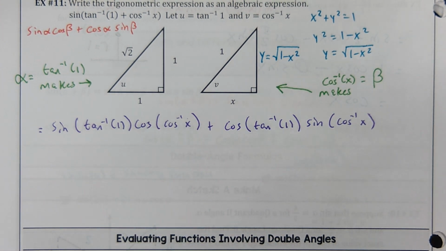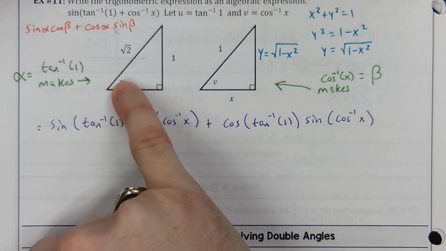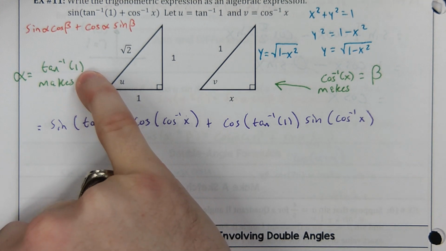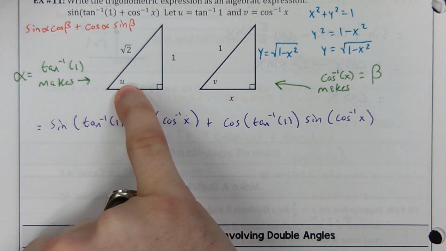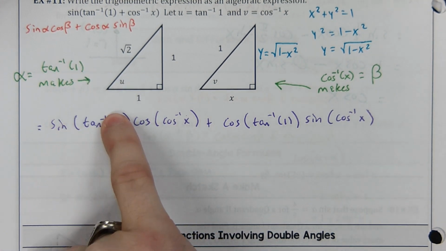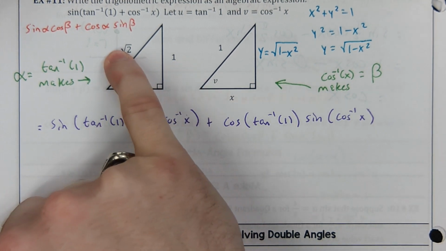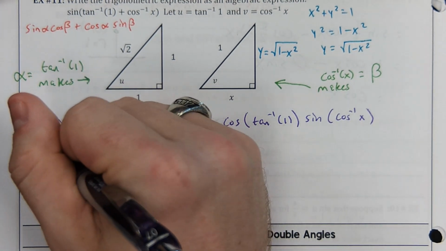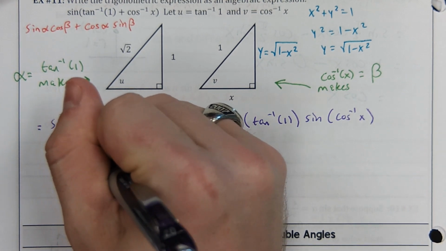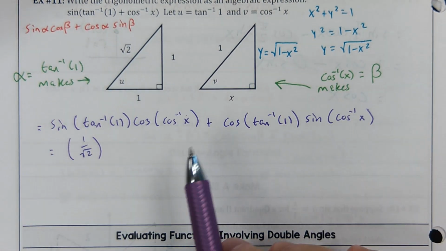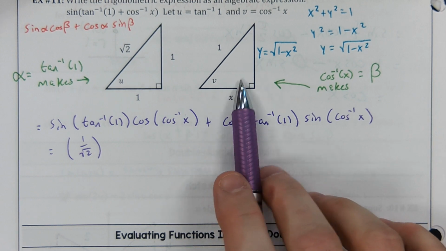Alpha is this angle right here, created by tangent inverse. What is sine at that angle? It's 1 over root 2. This is quadrant 1.